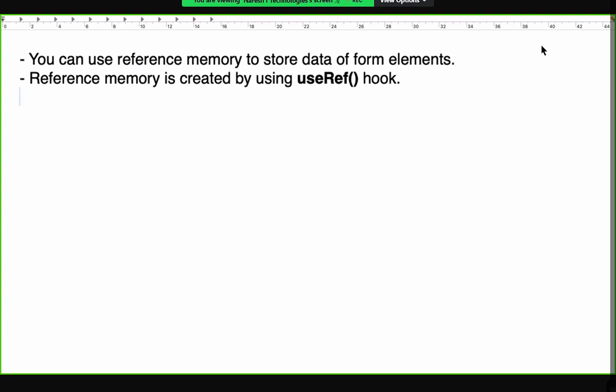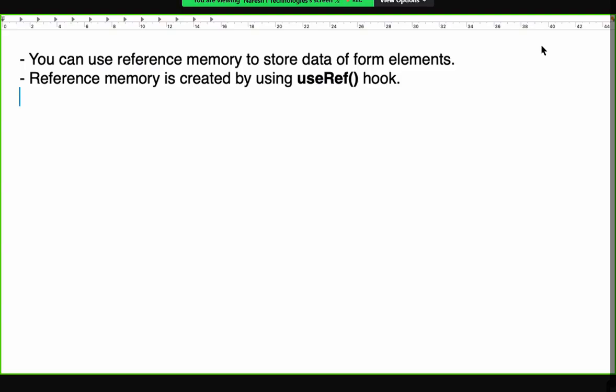So memory is allocated, data is provided, and after the transaction, memory is destroyed. So across requests, data is not available. What useRef can do is create one reference memory. It can store data in reference memory so that we can access that data across multiple requests. So this is one new hook of React. It is used to store data and use it across requests without re-rendering every time.